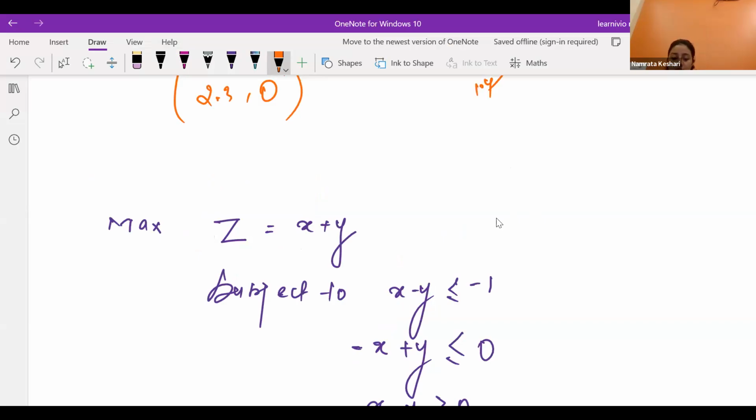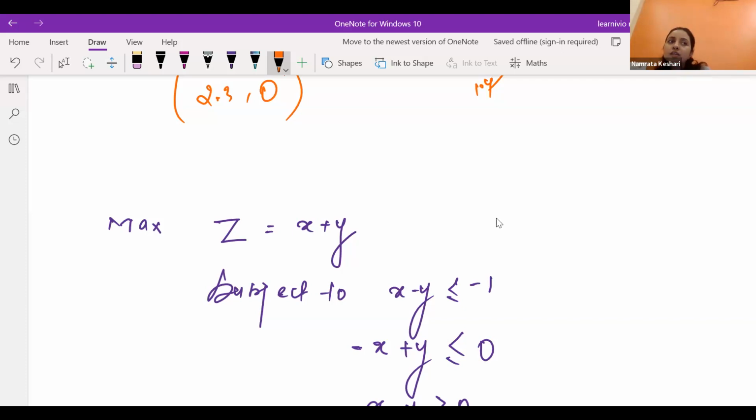Yes, Annapurna, are you getting bounded region or unbounded region? Are you getting a feasible region? First thing is that we may get the feasible region. Now, if we are getting the feasible region, that can be bounded, that can be unbounded.